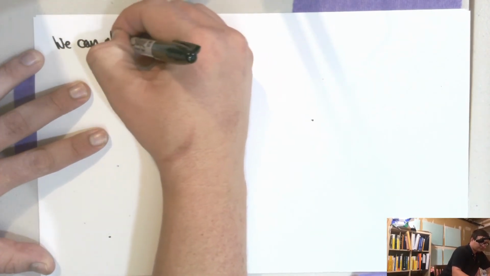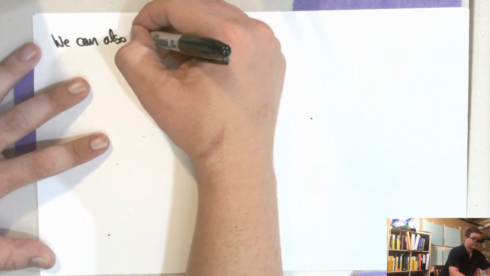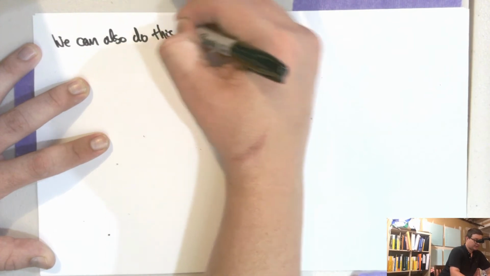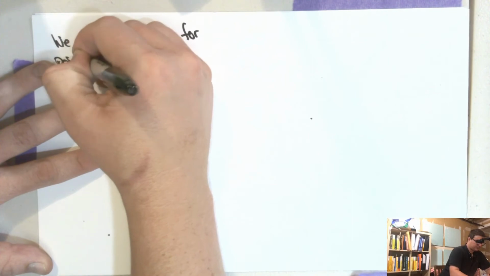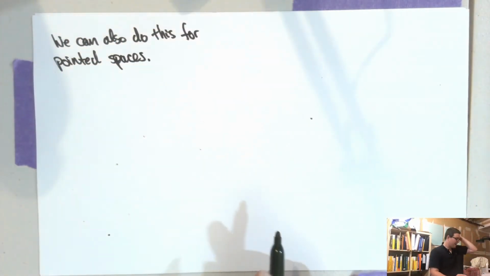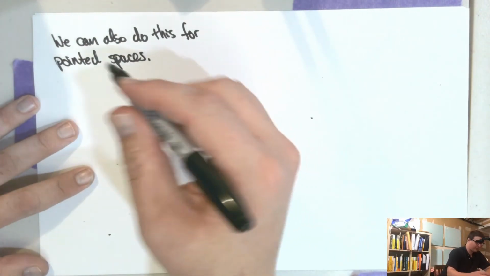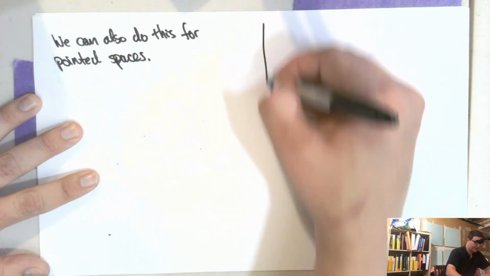Anyway, the other complement that I want to say is that we can do this for pointed spaces. This gives a very fancy perspective of the fundamental group for pointed spaces. In this case, I'm going to use some abbreviations.